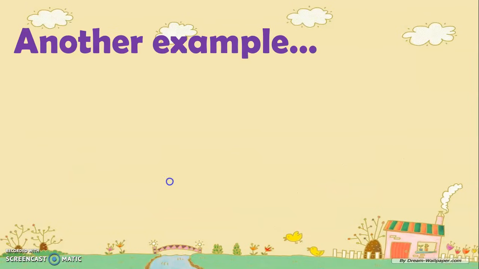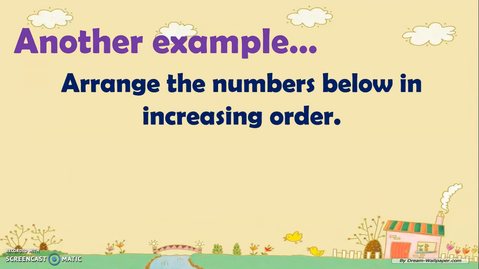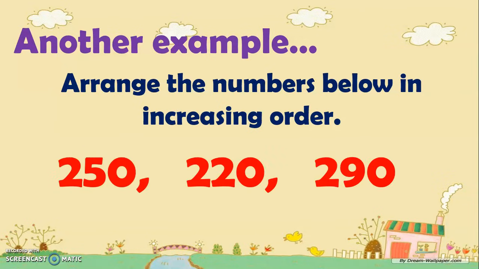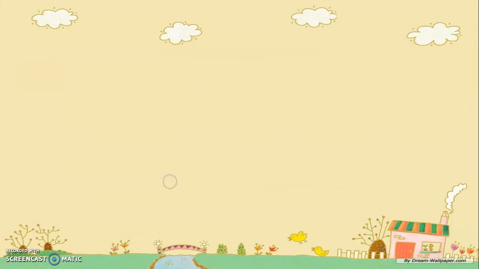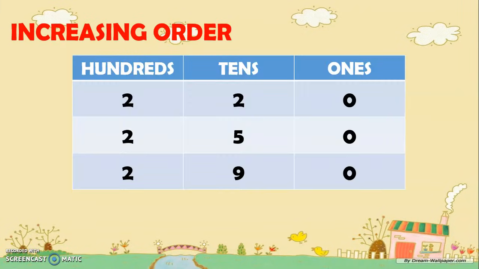Another example. Let's arrange again the numbers below in increasing order. We have 250, 220, and 290. Again, let's look at our place value chart. As we can see in the hundreds, we have the same digits. We have 2, but in the tens, the numbers are arranged this way. We have 2, 5, and 9.